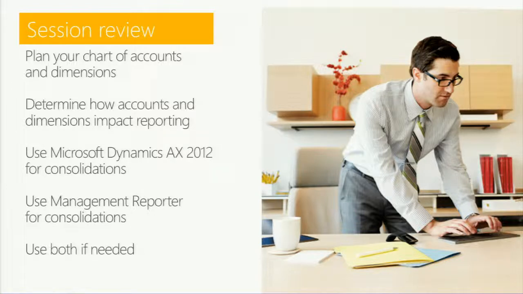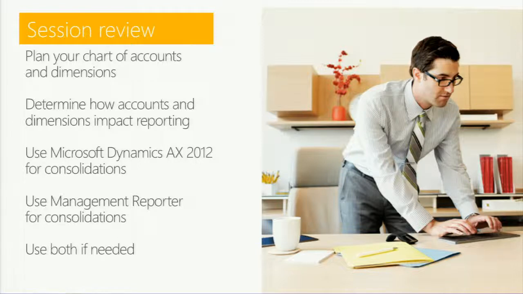And there are two different ways that you can do consolidations: either use Dynamics AX 2012 for consolidations, use Management Reporter, or use them both together like we showed today, by having one company be a consolidated company and the rest of them be non-consolidated companies. And again, across instances of AX, we were pulling in information from outside of AX. We can consolidate multiple Dynamics ERPs together as well, and versions of AX as well, to get that consolidated view.